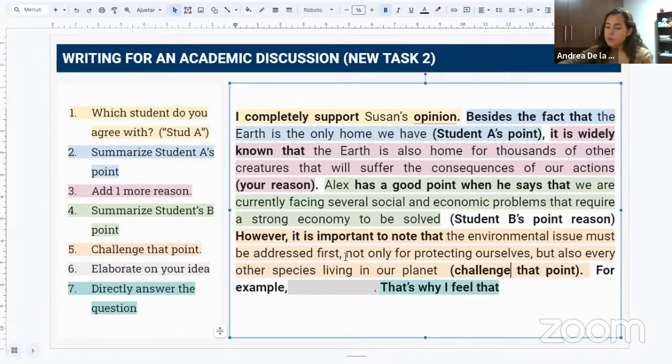So what do you guys think? Do you have any examples that we can give in mind? What can we talk about as the examples for the animals that are suffering our consequences? So what could we say?